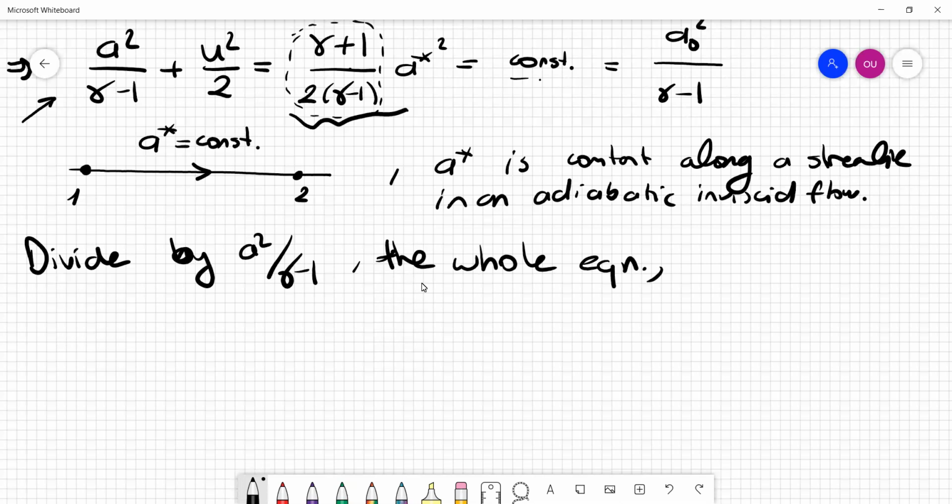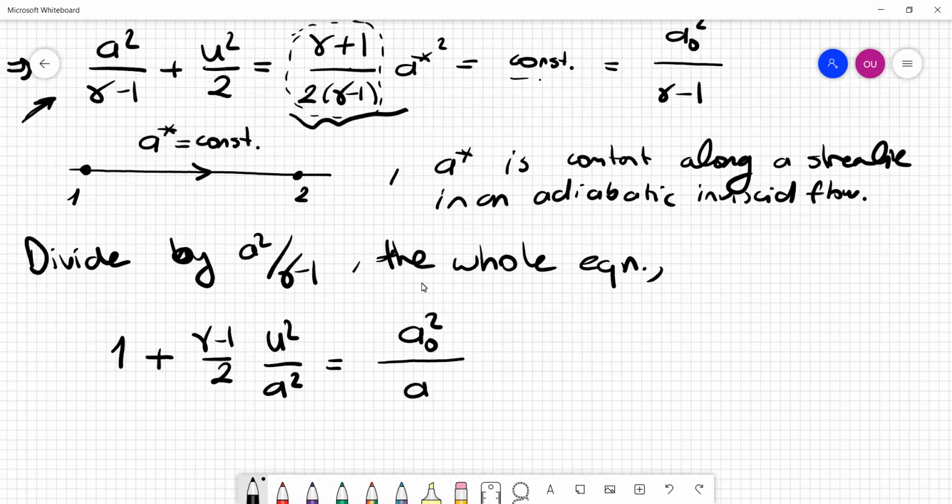When I do that, I end up with 1 plus gamma minus 1 over 2 u square over a square must be equal to a0 square divided by a square, and similarly gamma plus 1 over 2 a star square divided by a square. This is what I get when I do this division.